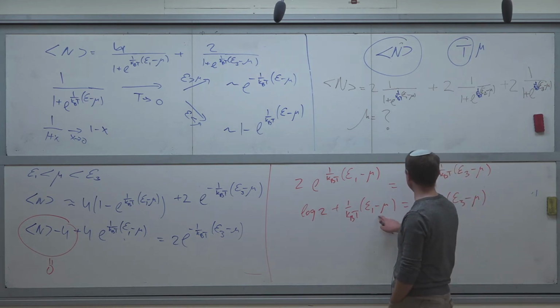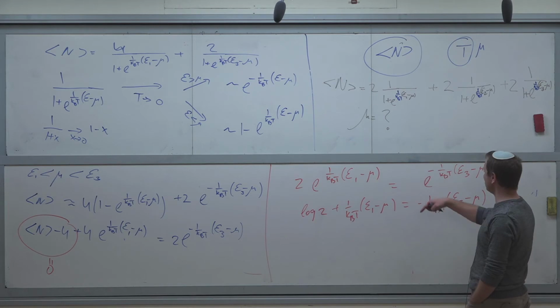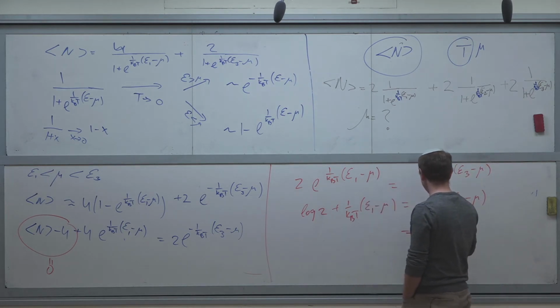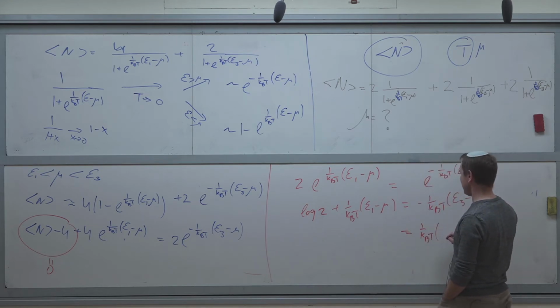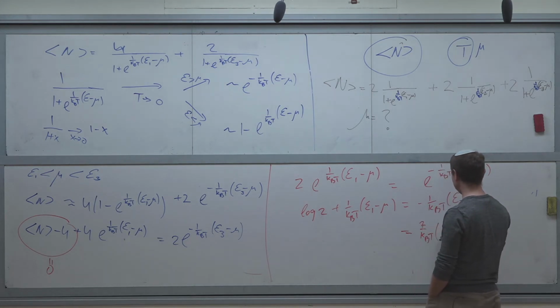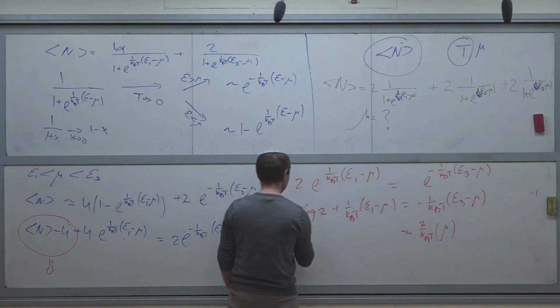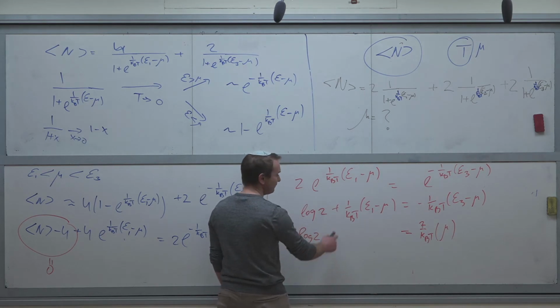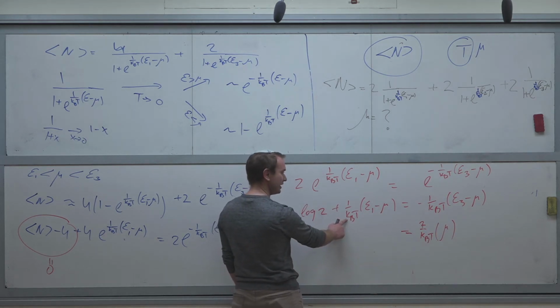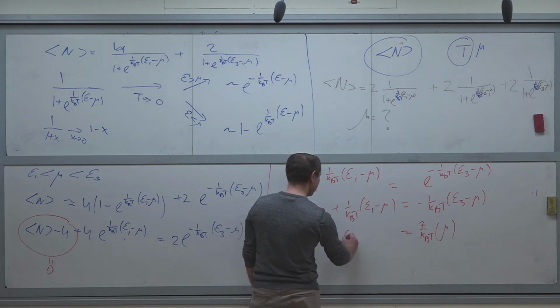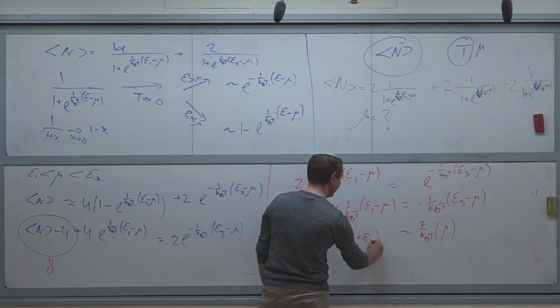Alright, so let's move all the mu's to the right hand side and all the epsilons to the left hand side. We're getting 1 over k Boltzmann T of 2 mu on the right hand side. On the left hand side we're getting log of 2 plus 1 over k Boltzmann T (epsilon 1 plus epsilon 3). Okay?